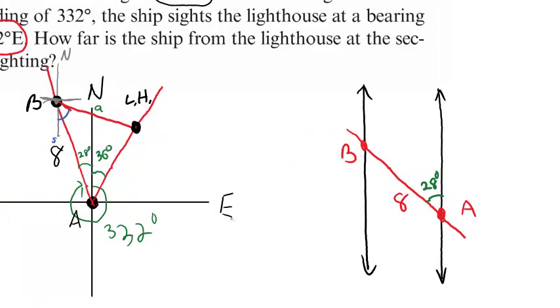Any arguments there? Okay, so what other angle is 28? I mean, we want to know something about angle B, right? And we know the angle from this north-south line to this side A is 82 degrees, right? So we know that this full angle in blue here is 82 degrees. But that's bigger than the angle we want. That's bigger than angle B, right?